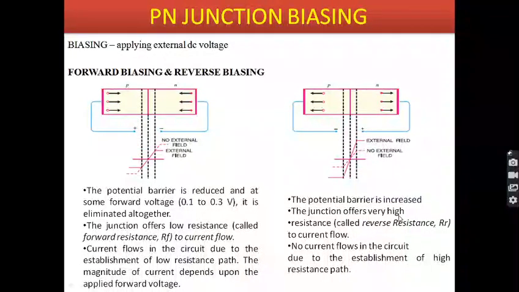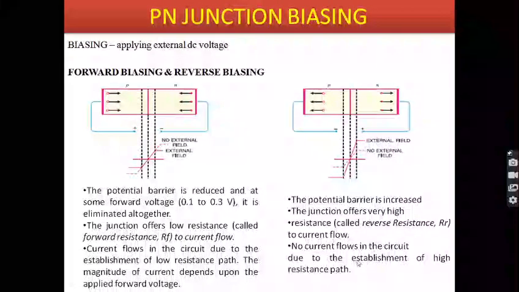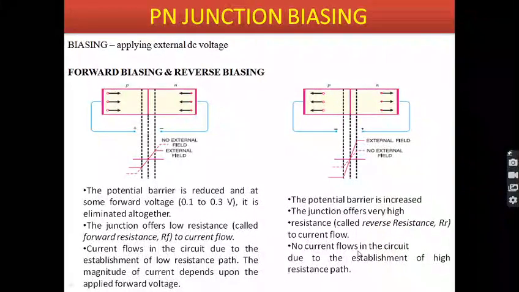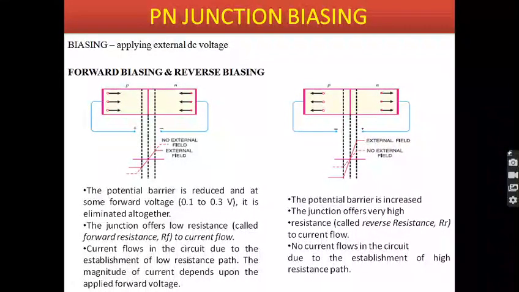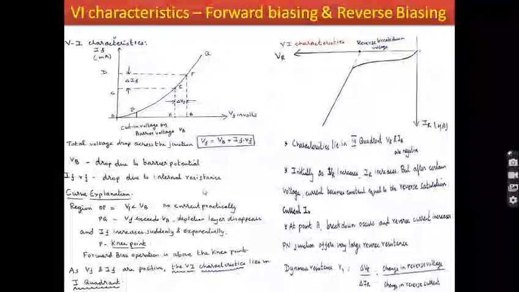Now the junction offers a very high resistance and there should not be any current flow, but practically there will be a current due to minority carriers in the order of microamperes, and this current is termed reverse leakage current. So we can keep in mind that during forward biasing the diode conducts, and during reverse biasing the diode does not conduct, it simply blocks the applied voltage.